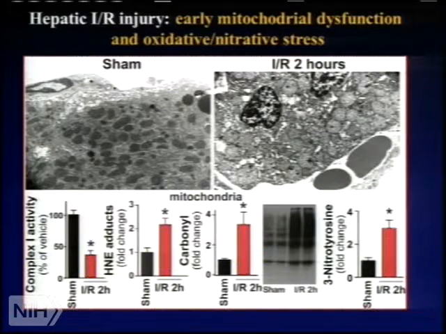So there is mitochondrial injury, and you also see a decrease of mitochondrial complex 1 activity, and impaired complex 1 activity can generate reactive oxygen species. Also, from isolated mitochondria, there is an increase in carbonylated proteins, and also nitrotyrosine, which is a marker of nitrative stress.